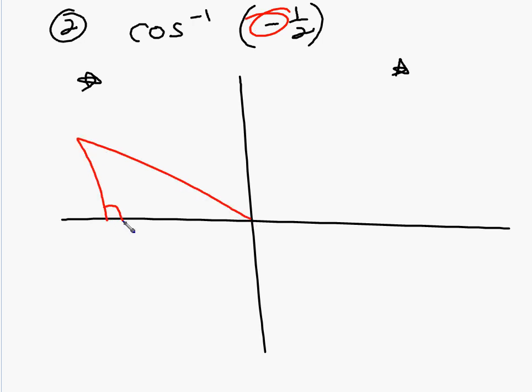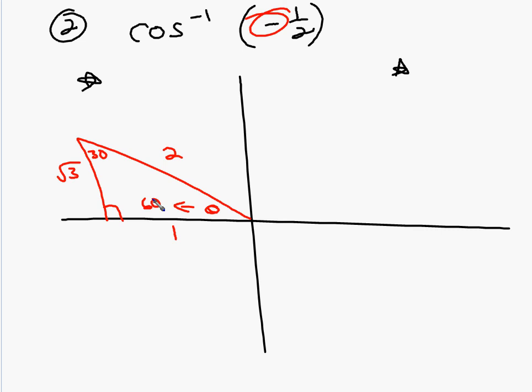My triangle does. And now I'm asking, how can I get 1 over 2? Well, cosine, here's my angle right here. Cosine is adjacent over hypotenuse. So if I finish my right triangle, since this is 1, this has to be 30. This one has to be 60.